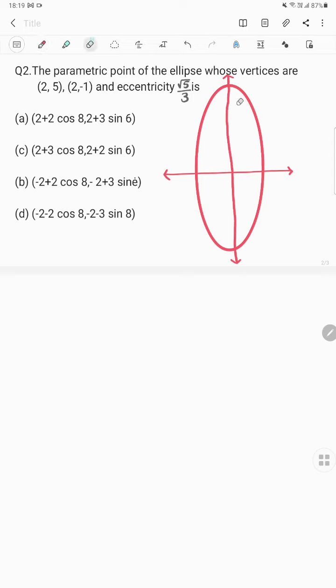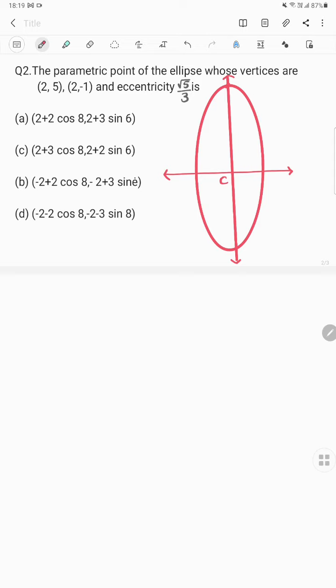Still it is coming like this, we will see. Yeah, this is the center of the ellipse.